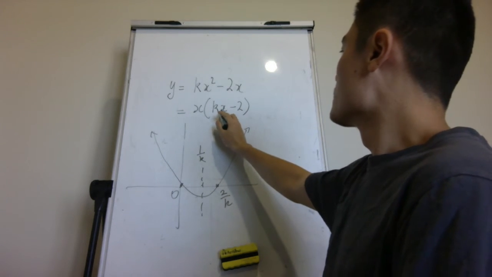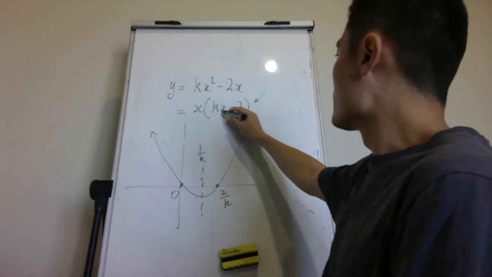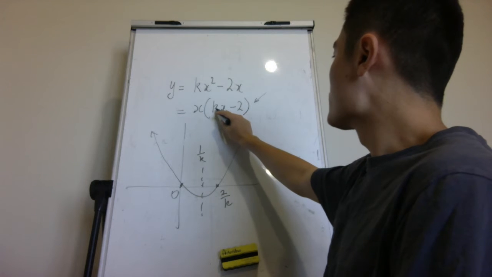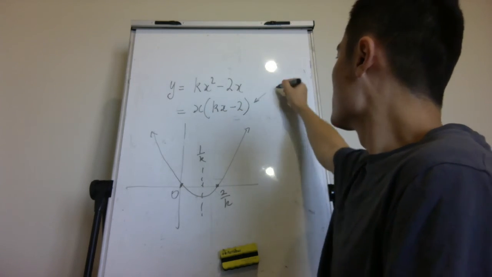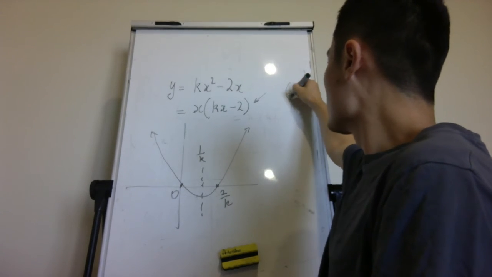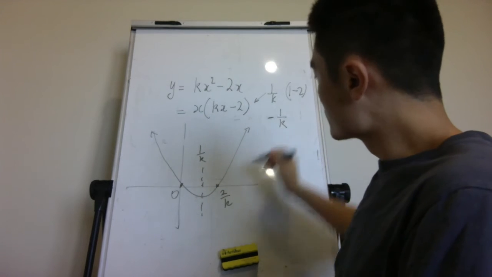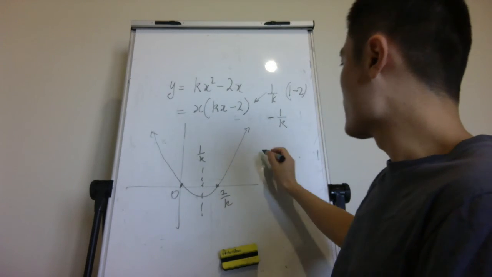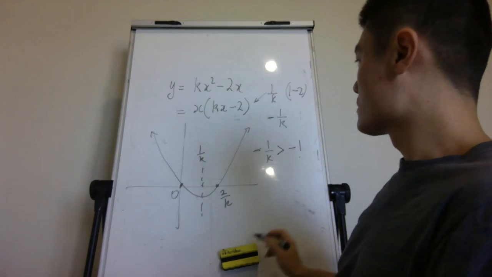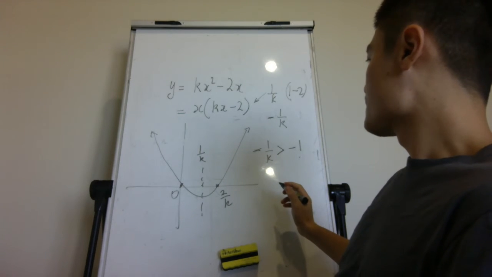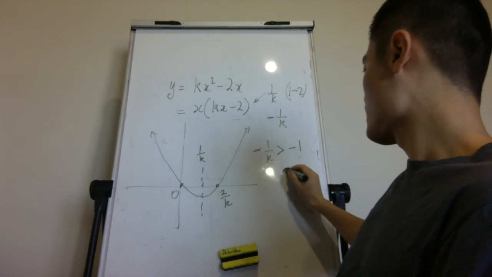And so to find the minimum, you just sub in x equals 1 over k. If you sub in 1 over k into this expression, you get 1 over k times k, which is 1, minus 2. So 1 minus 2 inside, and you get 1 over k outside. So this will just be negative 1 over k. Okay, and negative 1 over k is greater than negative 1. And notice that we have to assume k is greater than 0.